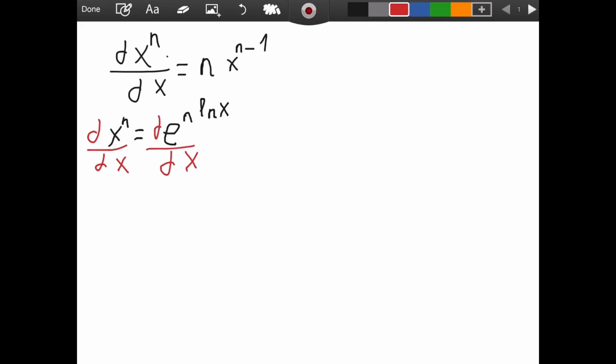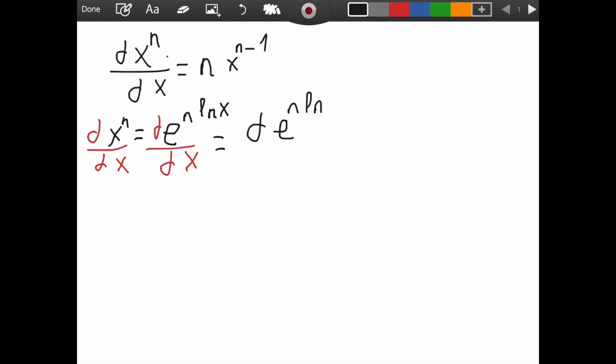As you can see, the left side is what we are interested in. So if we can compute the right side, then we will have a formula for the derivative of x raised to the power of n with respect to x. So how can we compute this derivative on the right? The way I want to do it is I will first use the chain rule to break it into two derivatives.